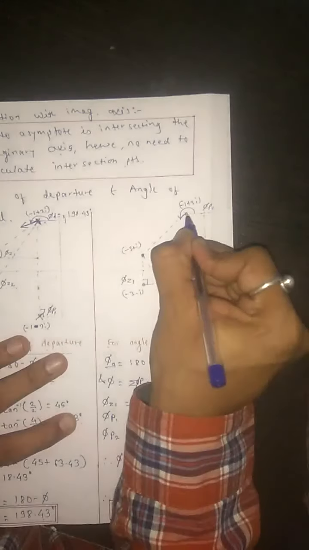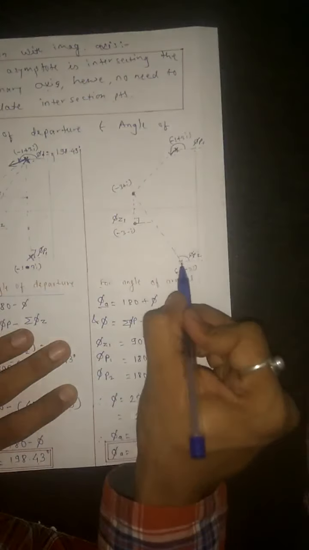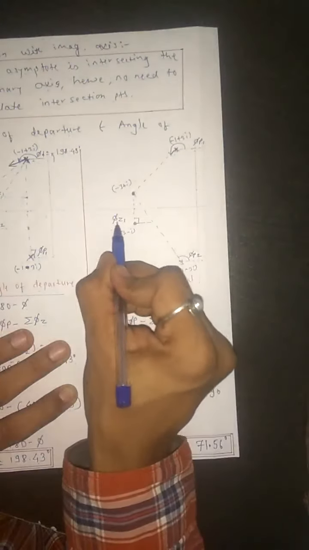This angle will be phi p1 because it is the angle made by the pole. And again one more pole is here. You have connected your zero to this pole. Draw a horizontal line at the connection point and count this angle, that is phi p2, because this is the second pole. So this is a pole phi p1, this is a pole phi p2, this is a zero phi z1.